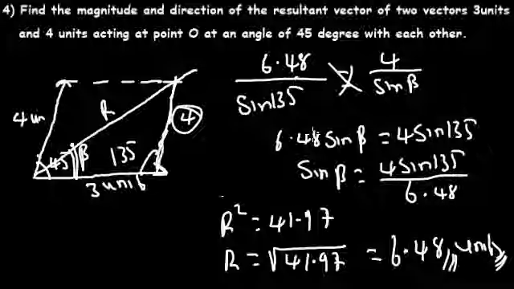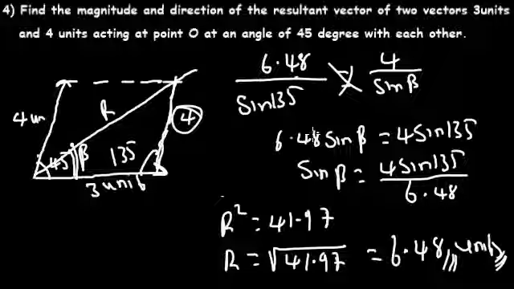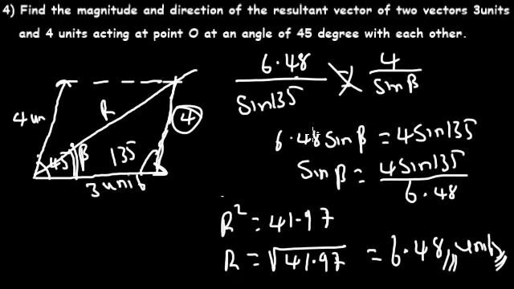So let me type that into my calculator: 4 sine 135, close the bracket, divided by 6.48. I got 0.436. So we have sine beta equals 0.436.